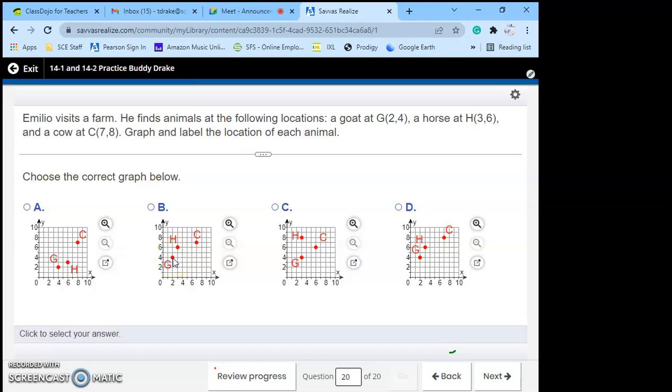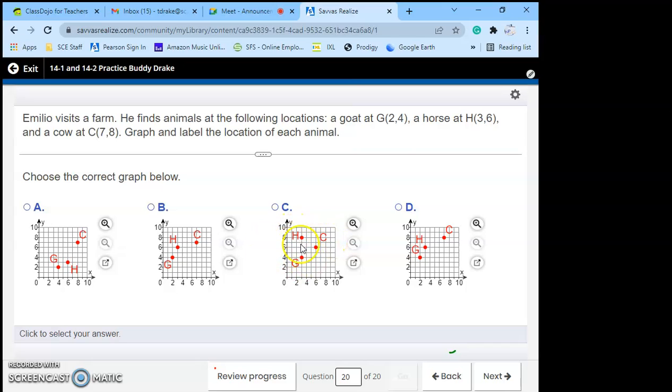That looks good. H is at 3, 6. So I go over 3 and up to 6. That looks good. And the cow is at 7, 8. So I go over to 7 and up to 8. Well, that is on 7. That is no good. Let's try again.